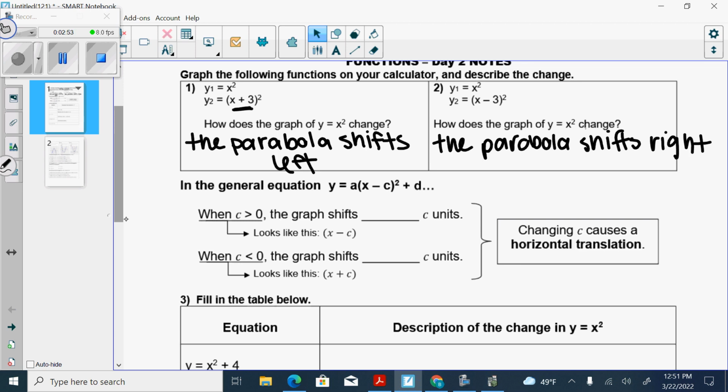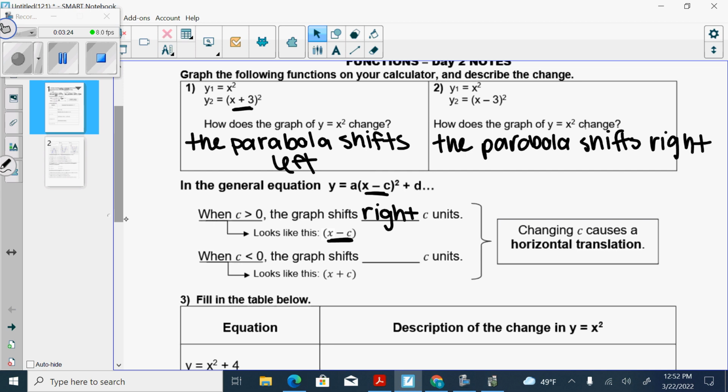So what they're saying here is that in this parenthesis, that's where the C will be, that if your C is greater than 0, so a positive itself, then it's going to shift right. This is what it looks like in the parentheses. It says x minus C. Well, we said when it says minus a number, that means it shifts right.